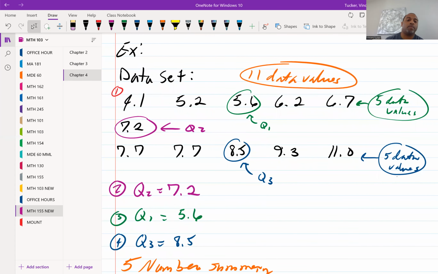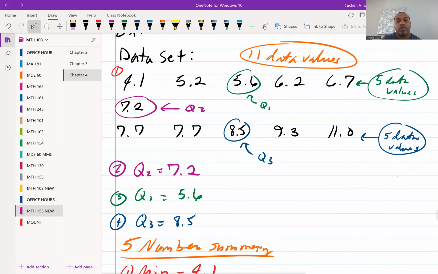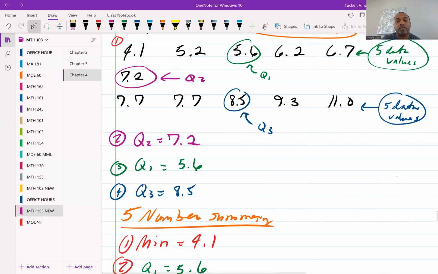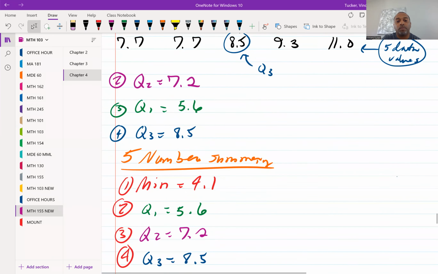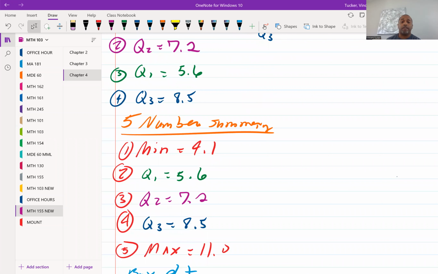All right. Any problems with anything so far? There's my 5 number summary.